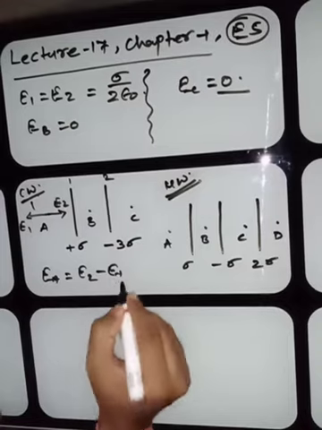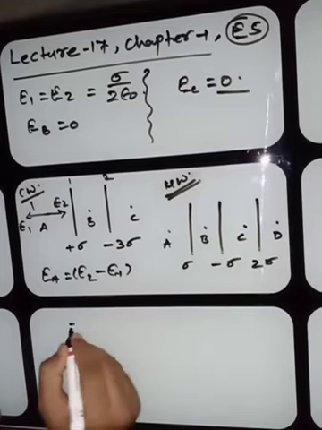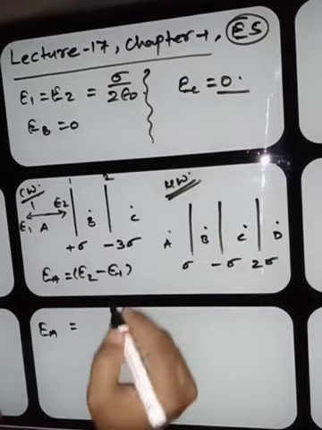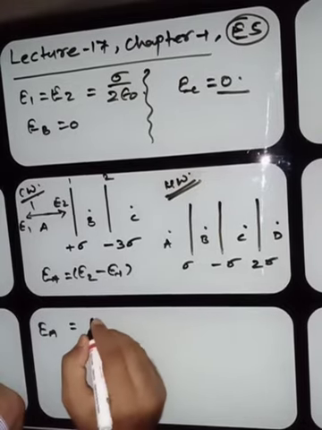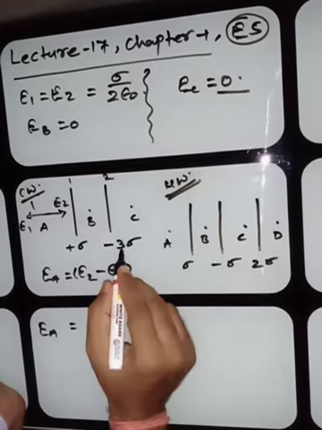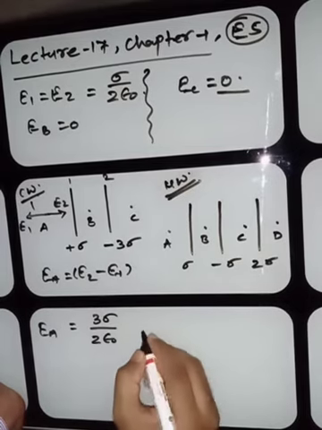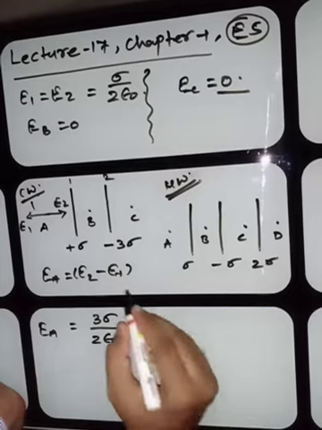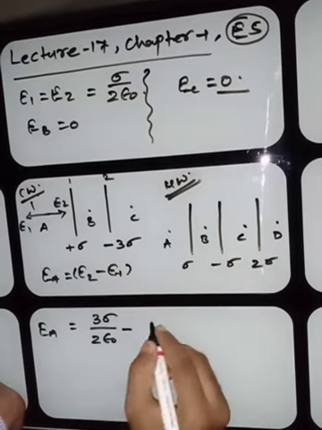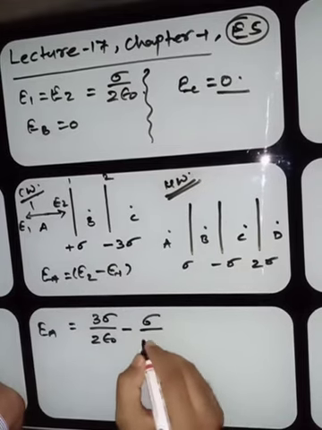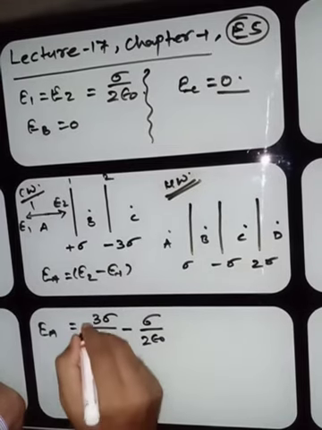So EA equals E2, which is 3 sigma by 2 epsilon naught, minus E1 due to this one, sigma by 2 epsilon naught.